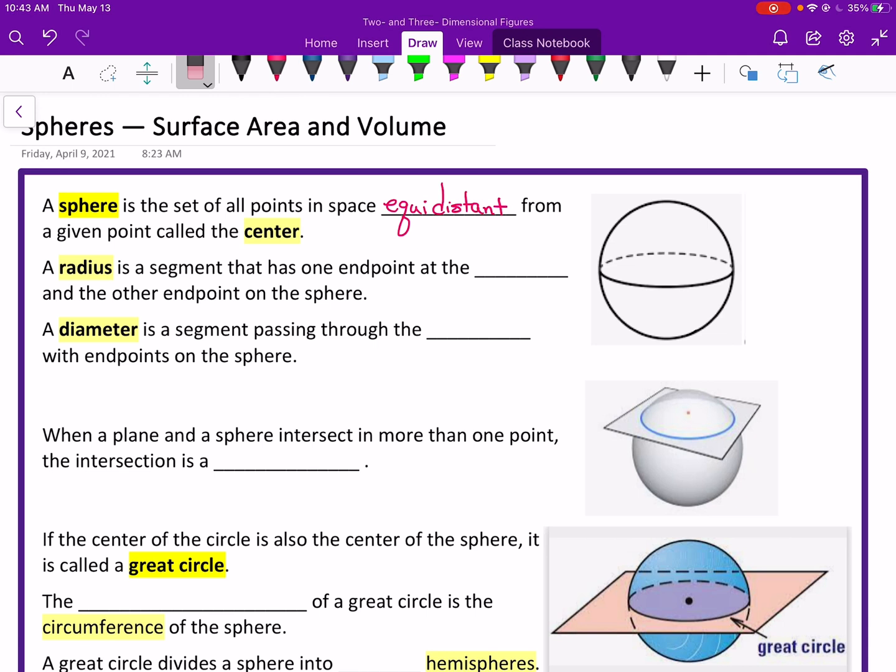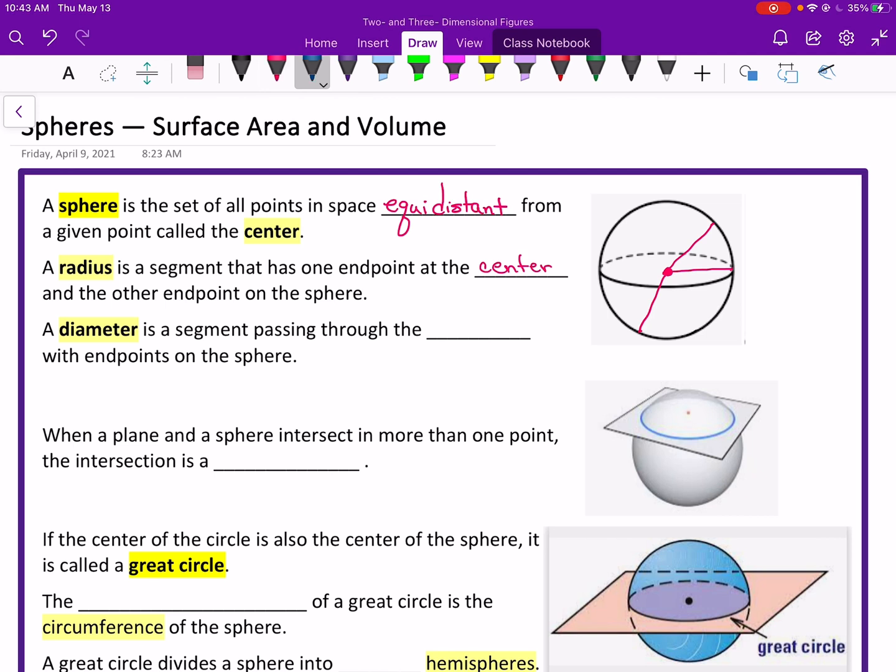A radius is a segment that has one endpoint at the center and the other endpoint on the sphere. So that would be considered a radius. This one would be considered a radius, going from the center to a point on the sphere. All of those are radii.